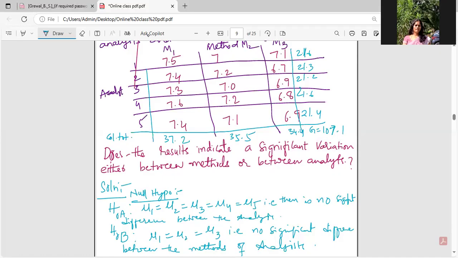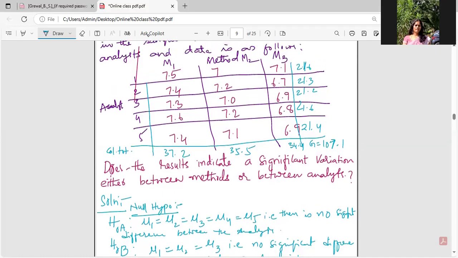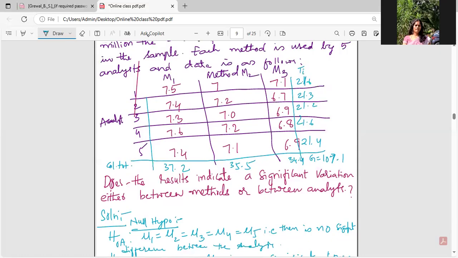Now these values would be called Ti. I'll just square them, Ti squared, and that will give me the last column. I'll use a calculator to do it. 466.56, 453.69, 449.44.